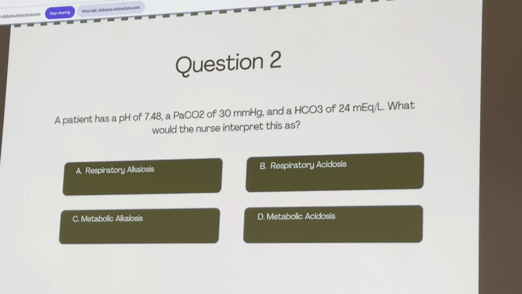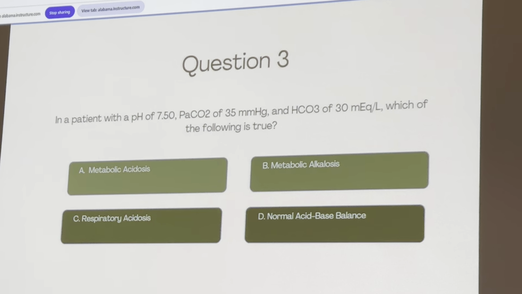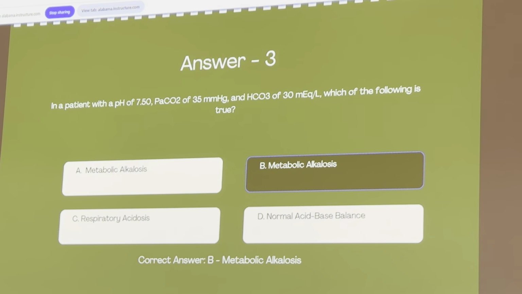pH 7.5, CO2 of 35, bicarb of 30. Metabolic alkalosis. I hear metabolic alkalosis. Everybody in agreement? Good. So this one's different than the respiratory ones.